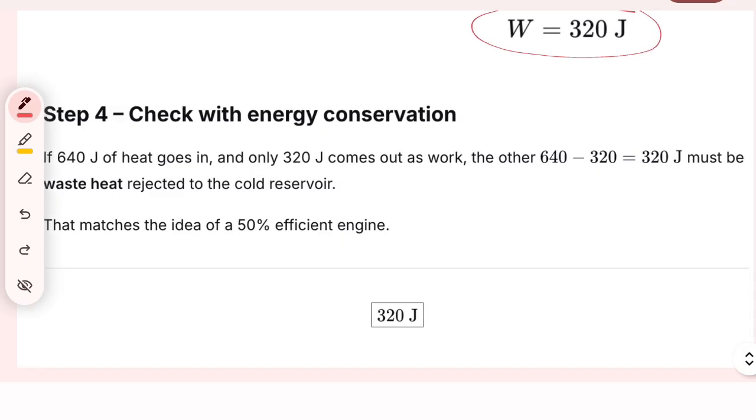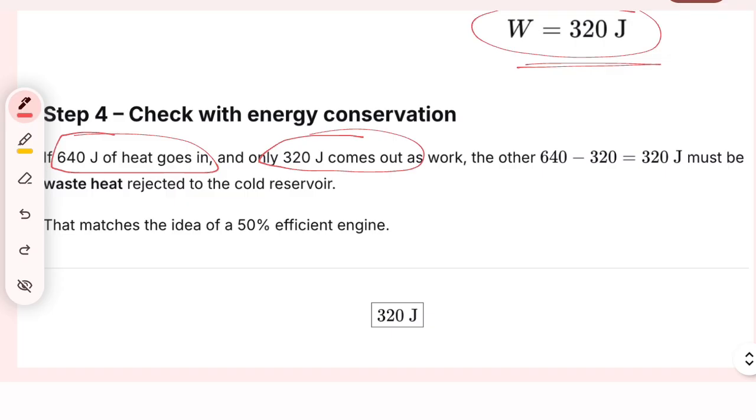So we need to check with the energy conservation. If 640 joules goes in, that's the heat that goes in, and only 320 comes out as work, where is the other 320? Remember, what comes in comes out, the conservation of energy.